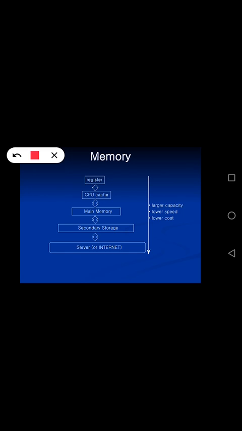If there is no match for the address, then this address is compared with the main memory element's address. If even in this case the concerned address is not available, then this situation is called a page fault.